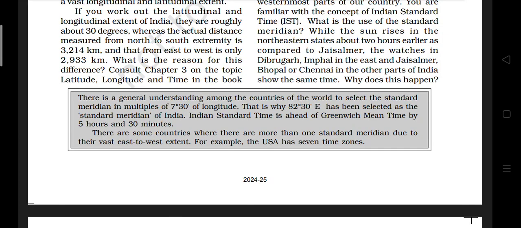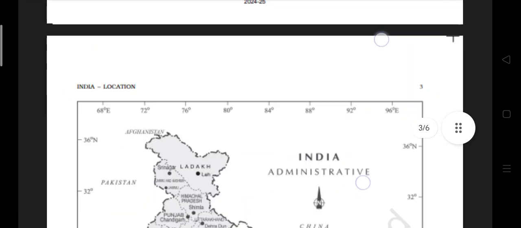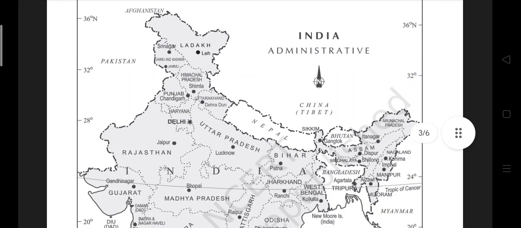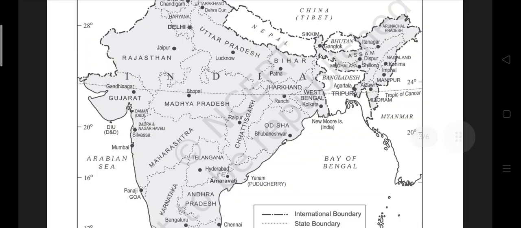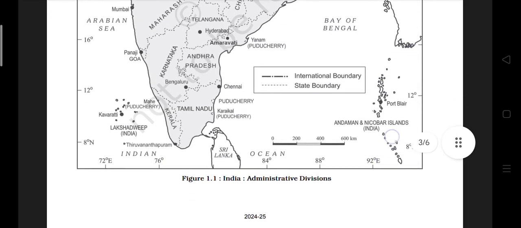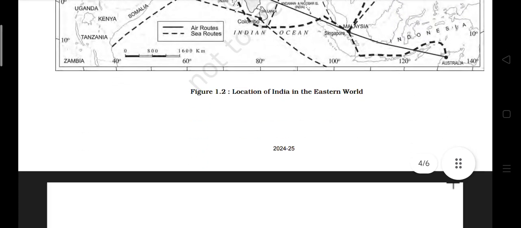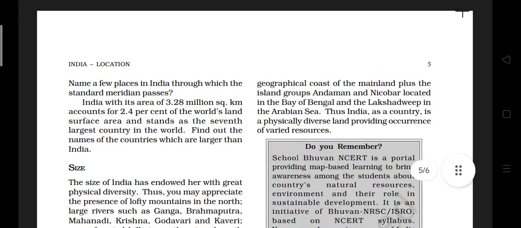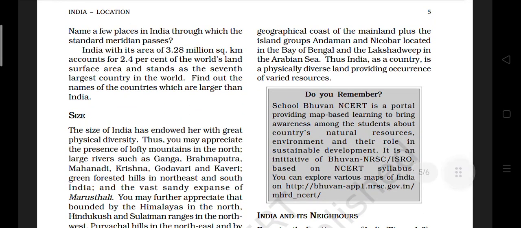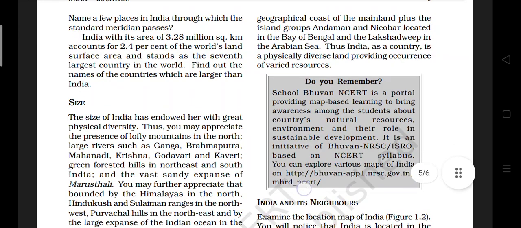There are some countries where there is more than one standard meridian due to their vast east to west extent. For example, the US has 7 time zones. Name a few places in India through which the standard meridian passes.